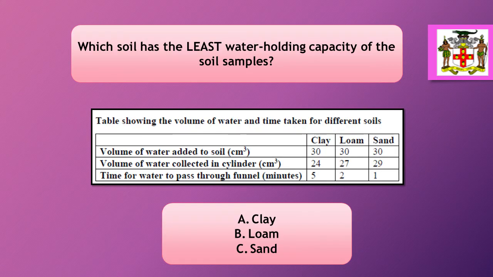What about sand? How much water did the sand retain? I added 30 and 29 centimeters cube passed through the filter. That meant only 1 centimeter cube was retained in the sandy soil. So, which soil had the least water holding capacity? Let's see your answer. Definitely sand, because it held only 1 centimeter cube.